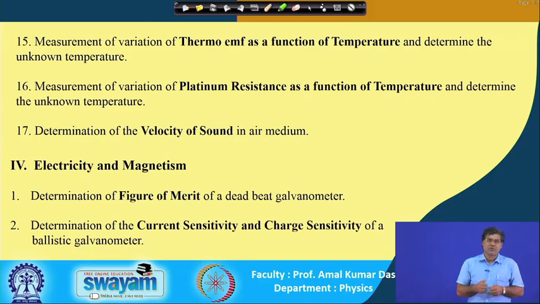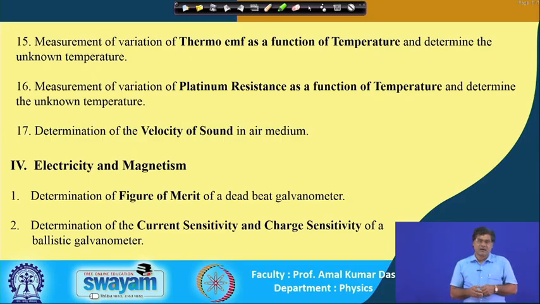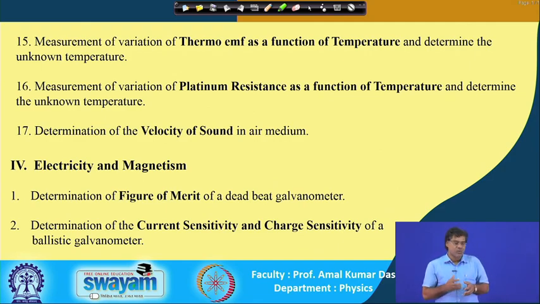Using the thermocouple, how to measure the temperature. Okay. So, we will discuss the physics behind this thermometer, and then we will demonstrate how to measure the unknown temperature using this thermometer. So, first we have to calibrate this thermocouple.